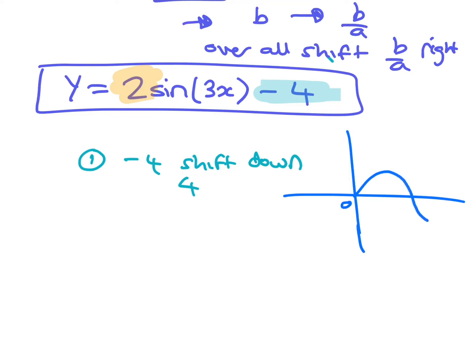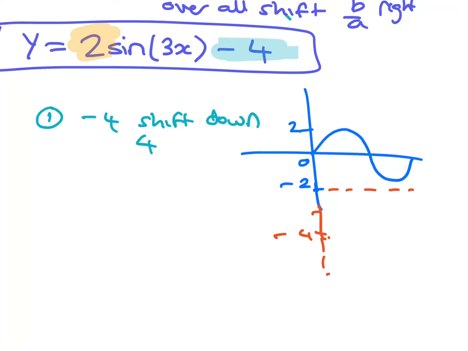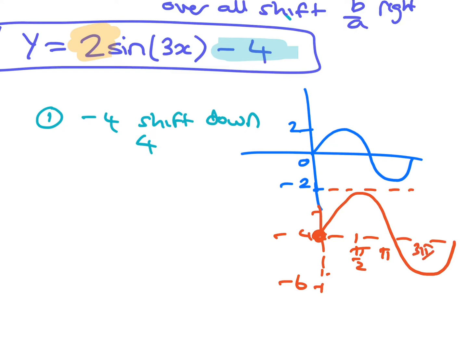Okay, so we're going to draw a normal sine curve between 2 and -2. And what we're going to do is shift it down 4. We'll move that over a little bit. And it has an amplitude of 2. So it's a sine curve, it's got to start in the middle and go up, down, and again. So at the moment that's pi on 2, pi, 3 pi on 2 and 2 pi. Okay, that's step 1.